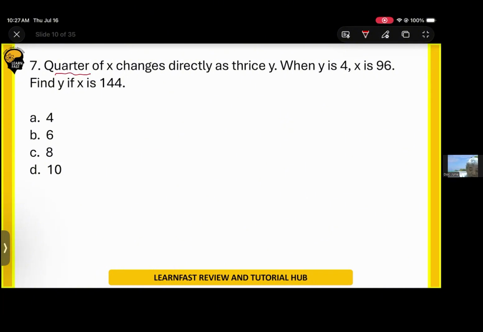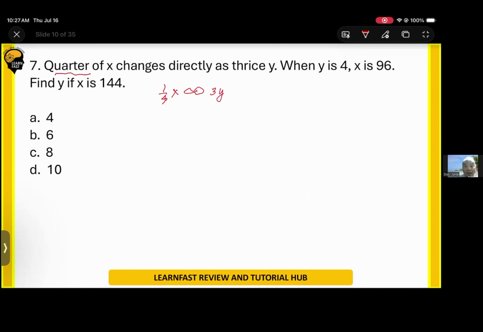Quarter means 1/4 of x. Every time you see the word of, you multiply x to the quarter. So you have now 1/4 of x. Changes directly, so this is your proportionality sign, directly as thrice of y. Therefore, this is 3y.